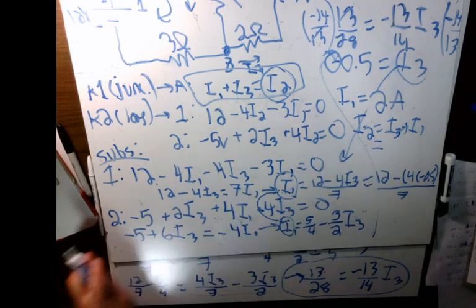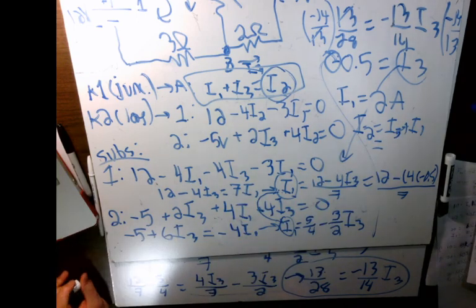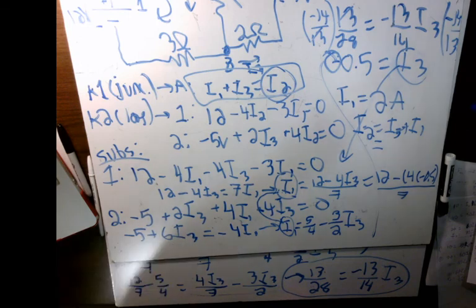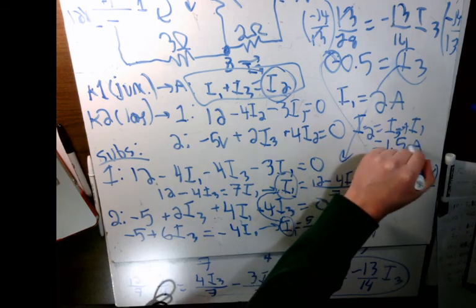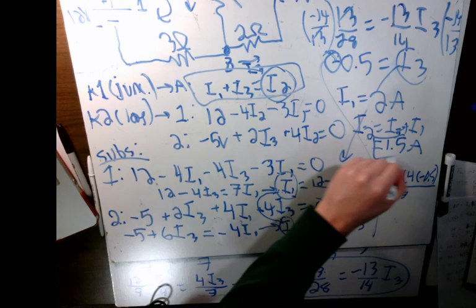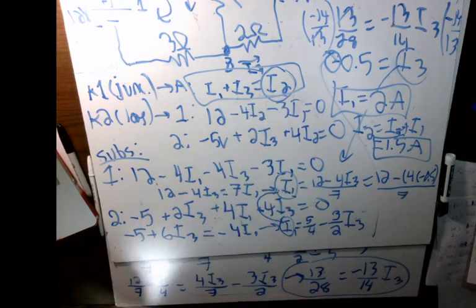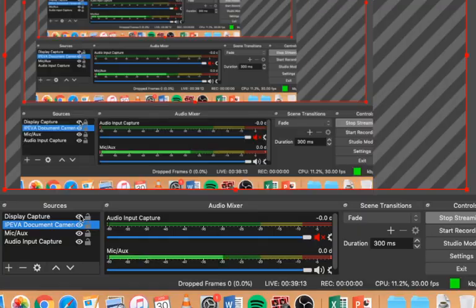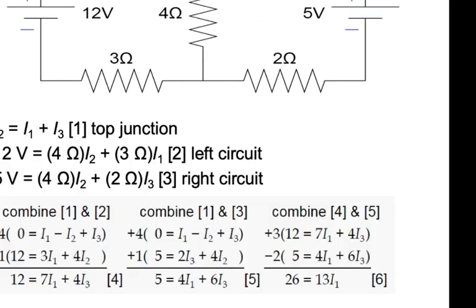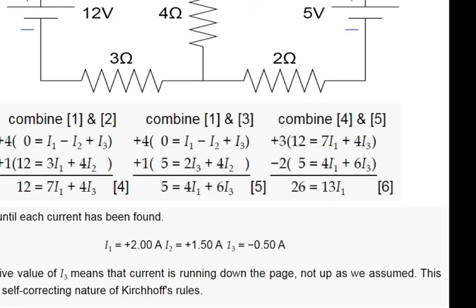I3 plus I1, we got positive 2 minus 0.5, we get 1.5 amps as our I2. So 2 in the opposite direction and 1.5. Did we do it? Yeah, we did it.